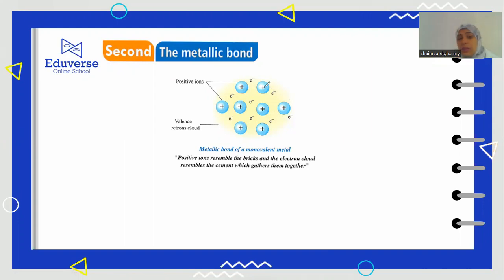So there is an attraction between the ions of the metal and the free electrons surrounding it, which forms a cloud. This metallic bond may be weak if the metal has only 1 electron in the outermost energy level, and its strength increases with increasing the number of electrons in the outermost energy level.